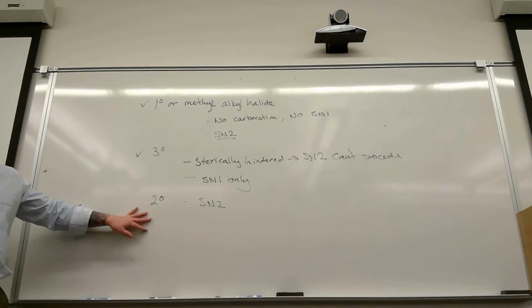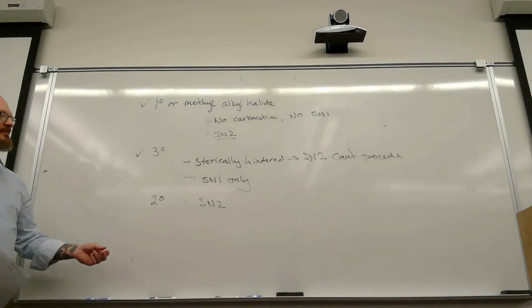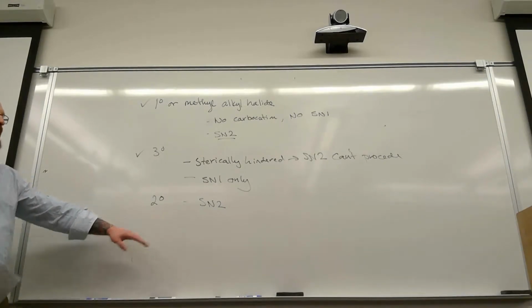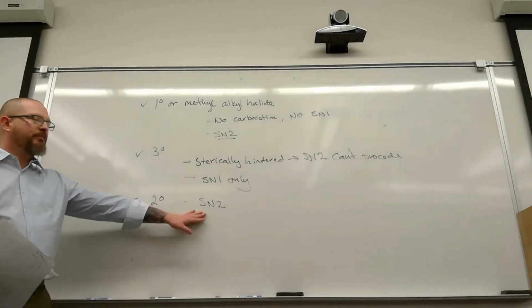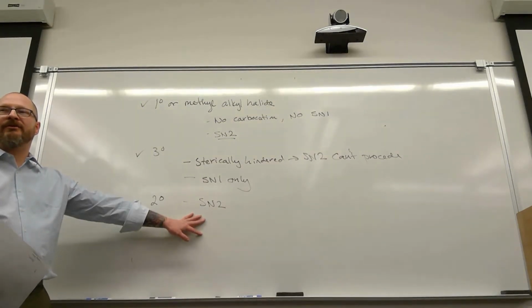If you put this in water, eventually you're probably going to get a little bit of product forming, but it's going to be a very slow, non-favorable reaction. You're not going to do this in a laboratory for any reason intentionally. So set it up as an Sn2 if you have a secondary. You still have to have a good nucleophile. You still have to have a polar aprotic solvent.